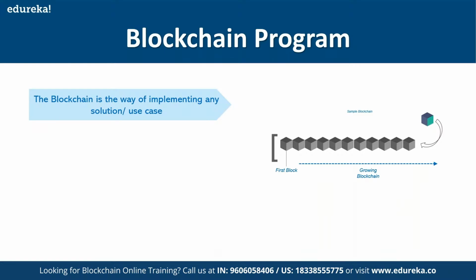So a single blockchain can serve as an open and distributed ledger, which can record transactions between two parties in a verifiable and permanent way.